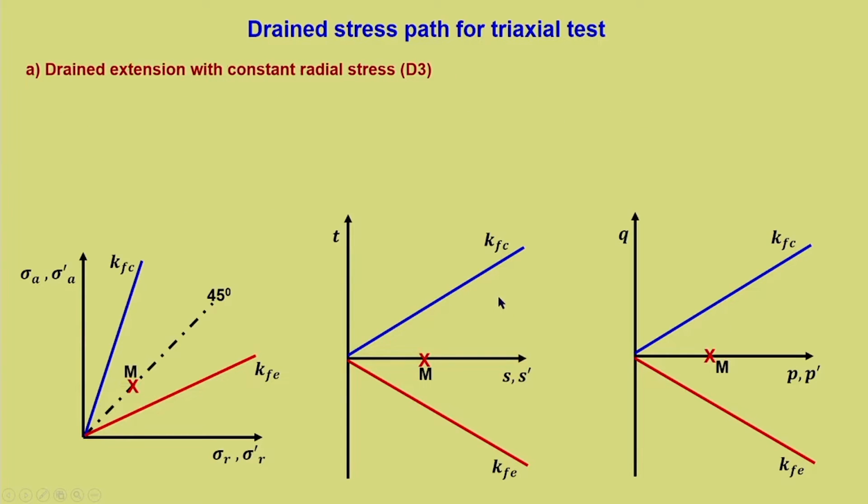Now, the third case is drained extension with constant radial stress. Now, if it has to create a sort of extension based on the compressive stresses, how will it happen? It is told that radial stress is constant. Now, if extension has to happen, then we need to release the axial stress.